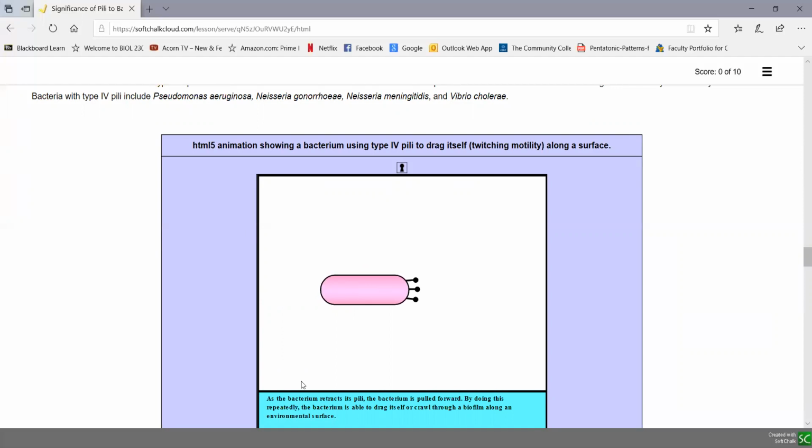And then it can reform pili. The adhesive tips can attach. And again, as it depolymerizes, it keeps pulling the bacteria towards the attachment site. And this way, it's able to crawl over solid surfaces, such as over the surface of the host cell. And that way, it can spread out over the host cell as it replicates, and it can find better places for attachment. If it were to make pili at the other end, it can then crawl in the opposite direction.